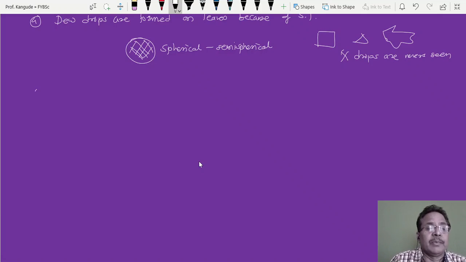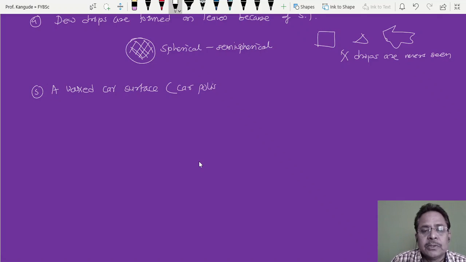Then the fifth application: a waxed car surface, W-A-X-E-D, waxed car surface. I think you might have seen car polish. What happens when we apply car polish on the surface of the car? It doesn't accept water or dust very easily.